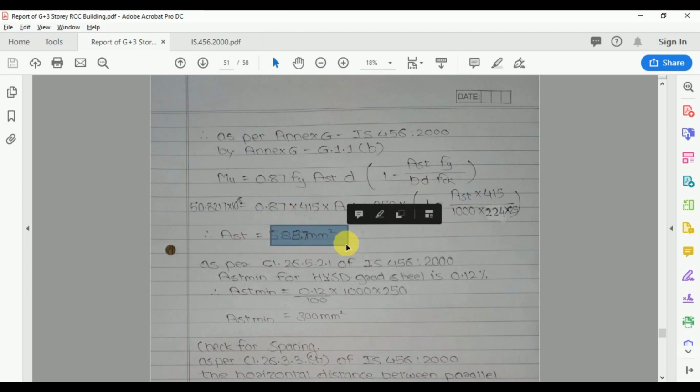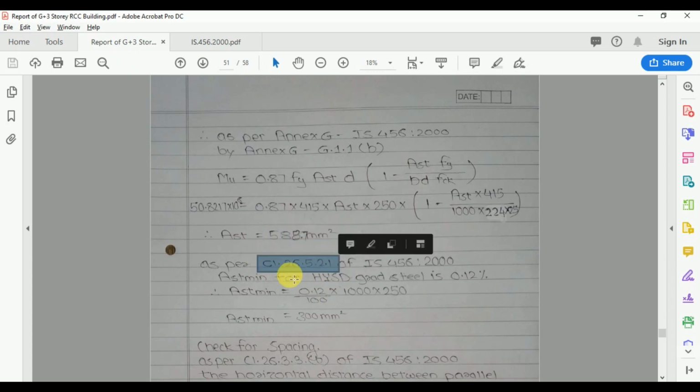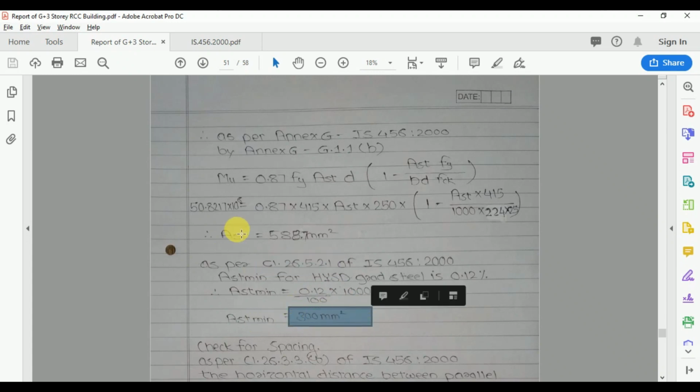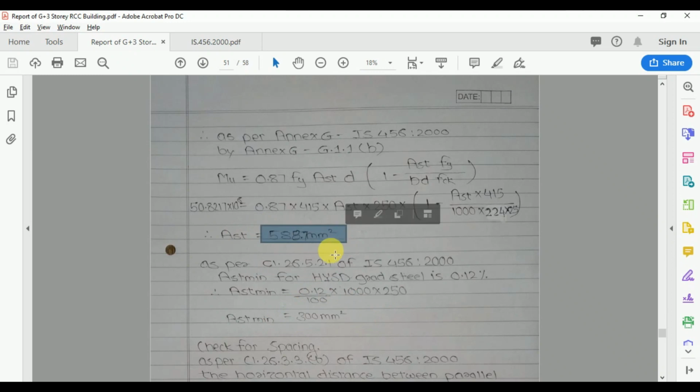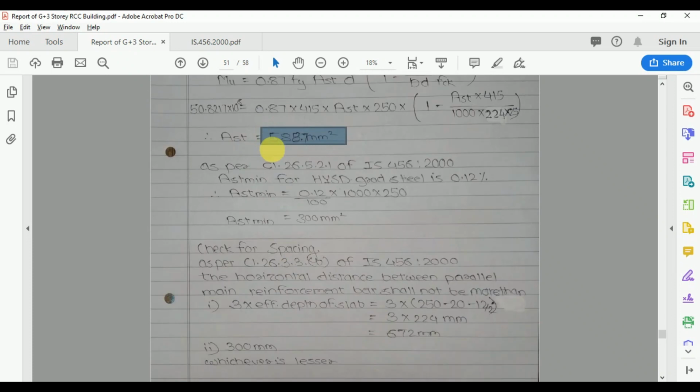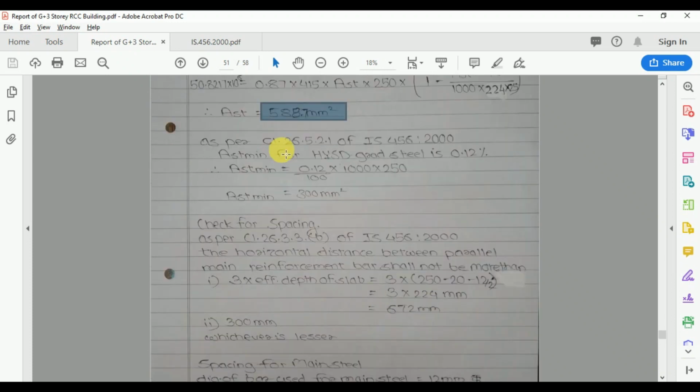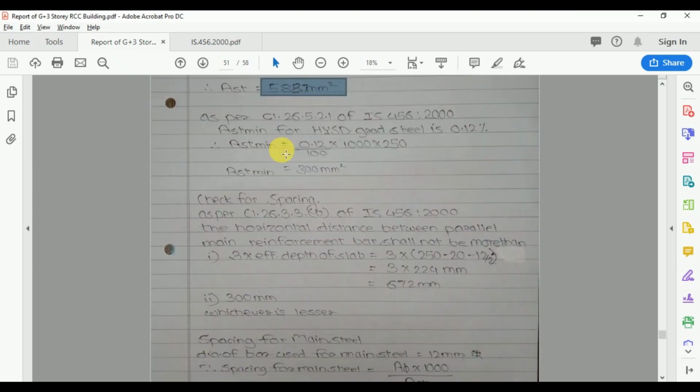Whereas we need to check the minimum area of steel with respect to the grade of steel as per IS 456-2000, clause 26.5.2.1, which is 0.12% for the HYSD steel bars. So 0.12% of 1000 into 250 is 300 mm square. If we compare both values, we need to provide the maximum value. With respect to that, we also need to find the design spacing, and check it against the IS 456-2000 codal provisions.